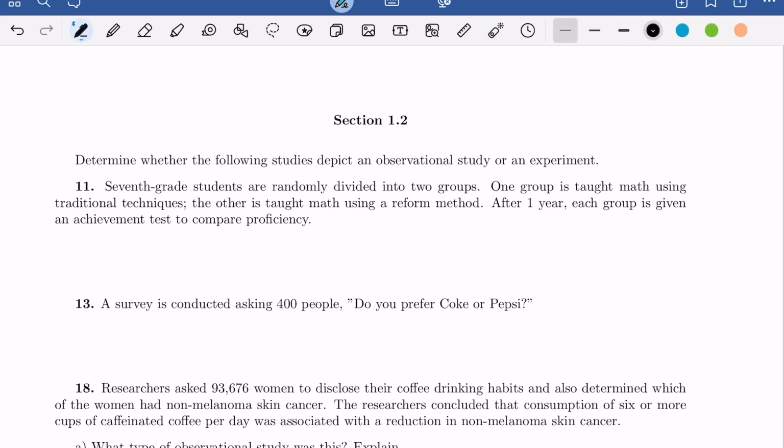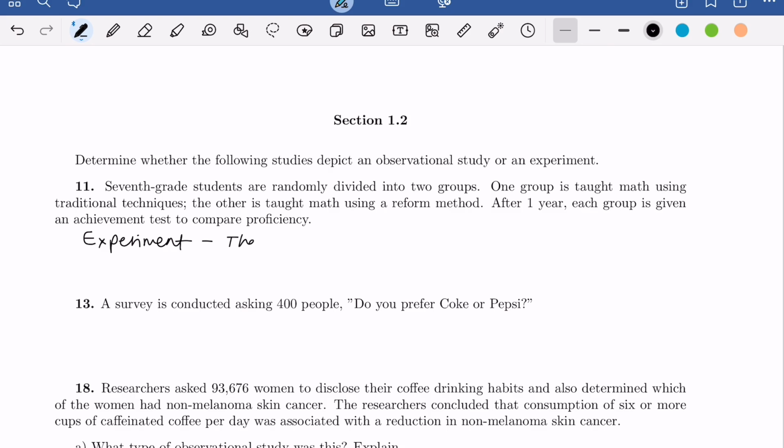Now, in this case, this is going to be an experiment. Now, the reason being is that our teaching method in this case is going to be the explanatory variable, and the teaching method is going to change. And what we want to do is observe how it affected the proficiency, and the proficiency is going to be our response variable. So we'll write that out here.